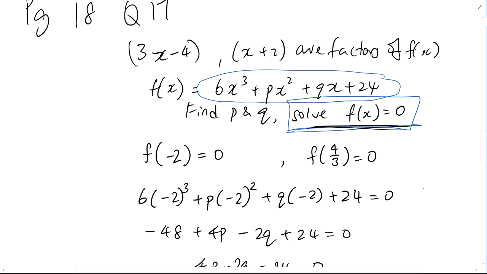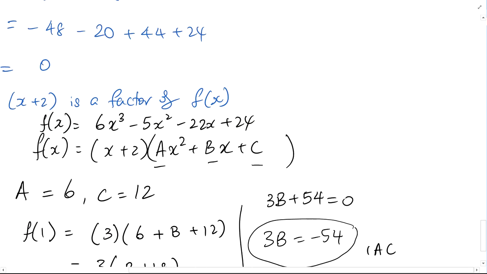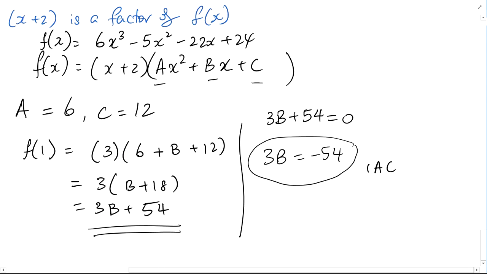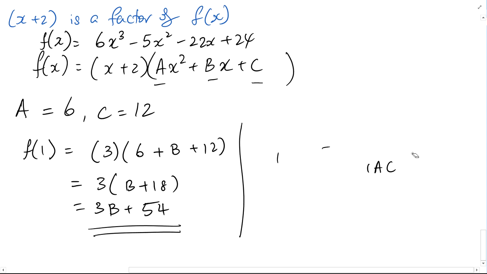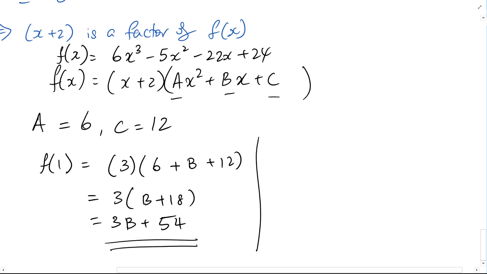Okay? So this part is still correct, but what is the point of finding f of 1? I think some of you know the answer already. So what's the reason? f of 1 is 3b plus 54. How do I make use of that?